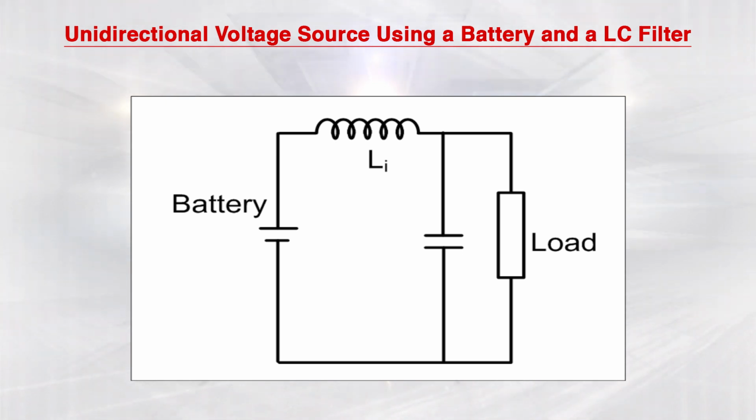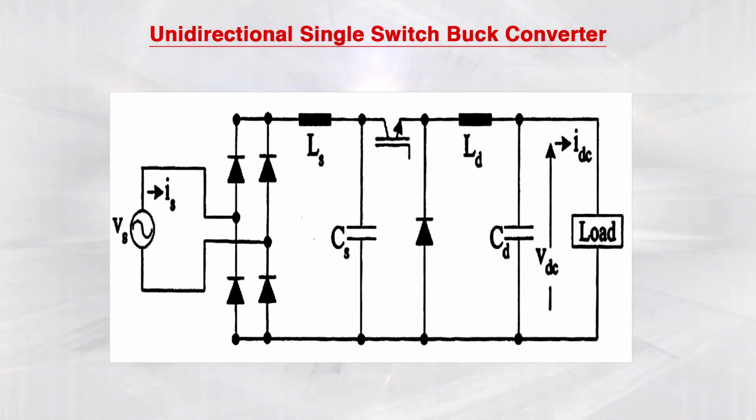After this LC filter we have a second stage, which is a buck converter. After the capacitor immediately one switch is there, and using the switch, diode and one inductor we make a buck converter, and further the power is transferred to the load, which is the battery in the case of an electric vehicle.